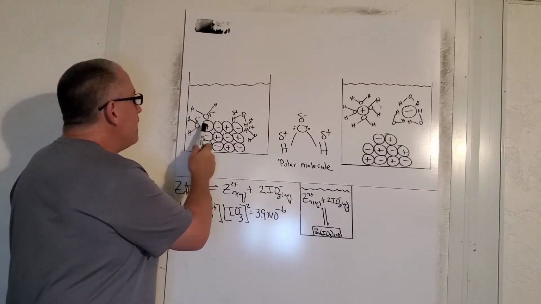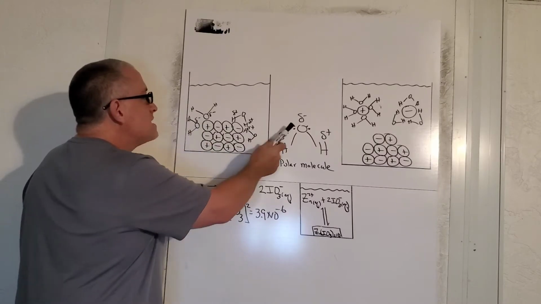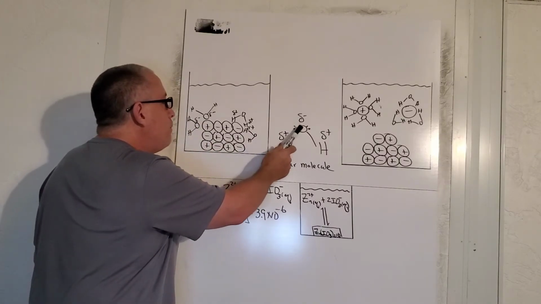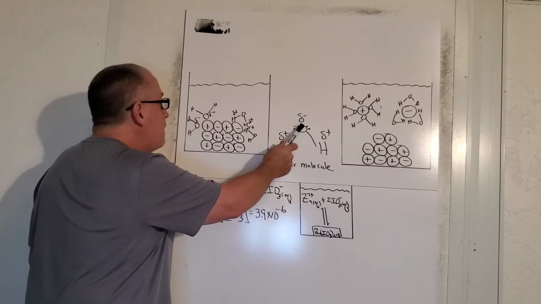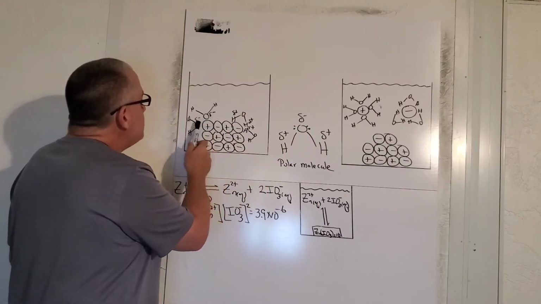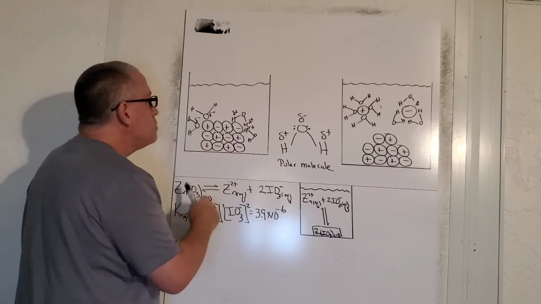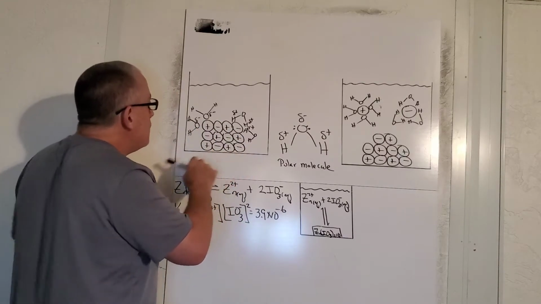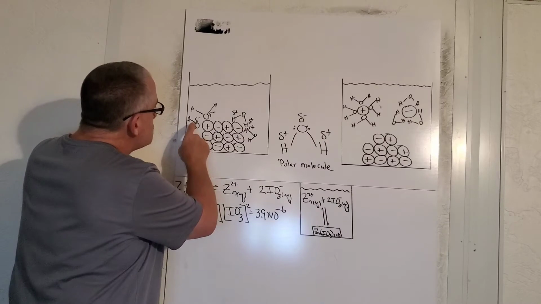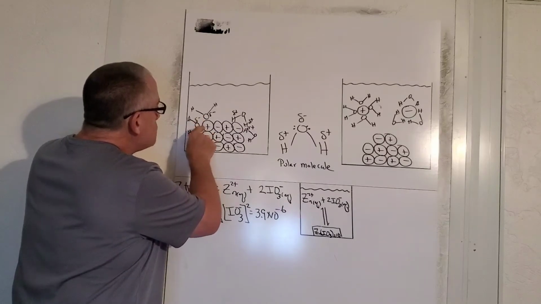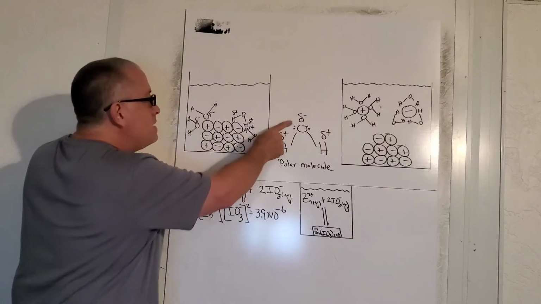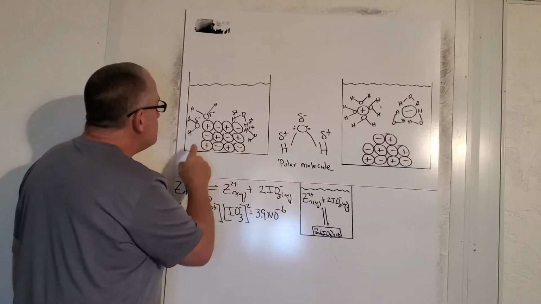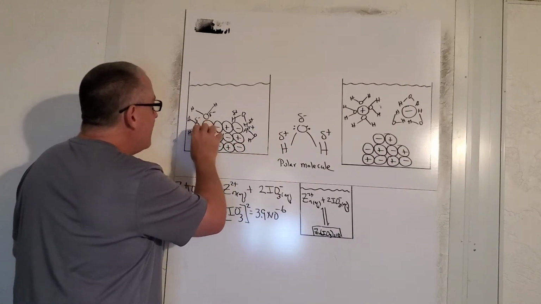And water being a polar molecule, the slightly negative head of water will be attracted to the positively charged ions, the cations, in my crystal lattice, and they'll tend to orient themselves towards the cation, with the slightly negatively charged oxygen pointing at it.